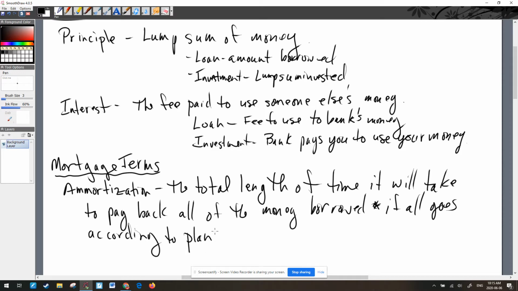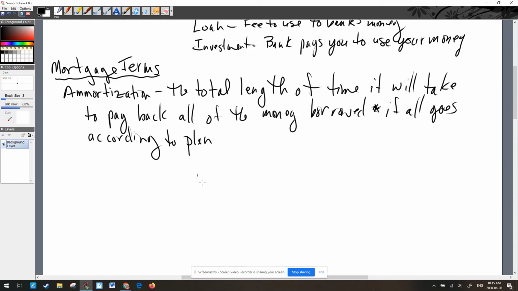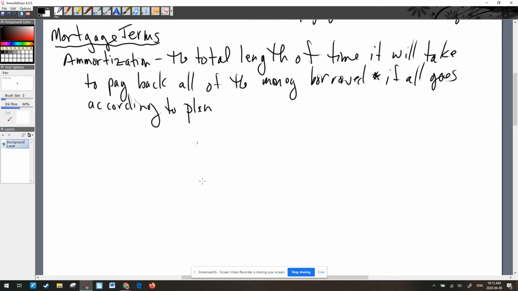Okay, so you go and you borrow a big lump sum of money, and that lump sum is how much money you're going to borrow. And you say, well, according to the TVM solver work that I did, because I'm financially literate, I know that for the payments to be the size that I want them to be, I'm going to have to pay back this mortgage over 20 years.